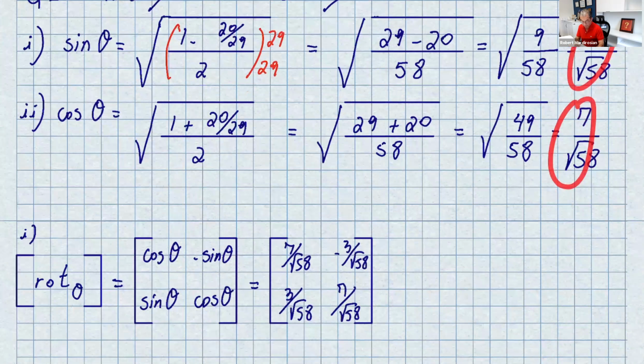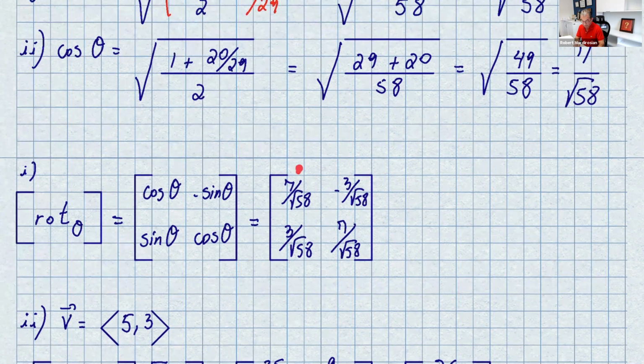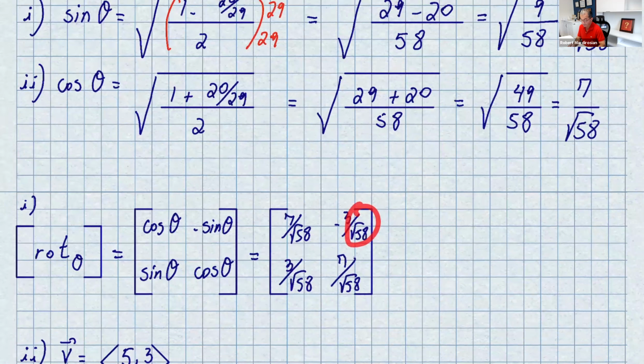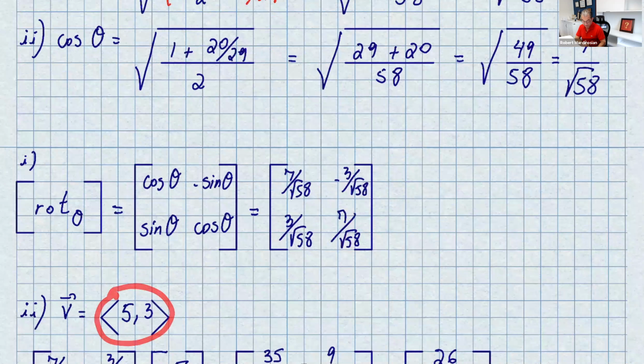We can go to the rotation matrix, which was cosine theta, minus sine theta, sine theta, cosine theta, and you substitute. Cosine theta was 7 over square root of 58, and sine theta was 3 over square root of 58.